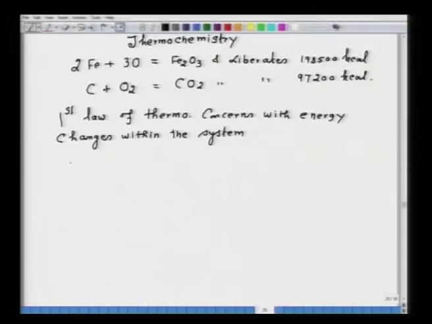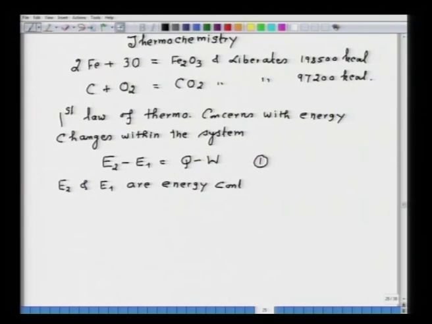So, the first law of thermodynamics states that change in internal energy, that is E2 minus E1, is equal to Q minus W, where E2 and E1 are energy contents, that is internal energy of the system in state 1 and state 2.